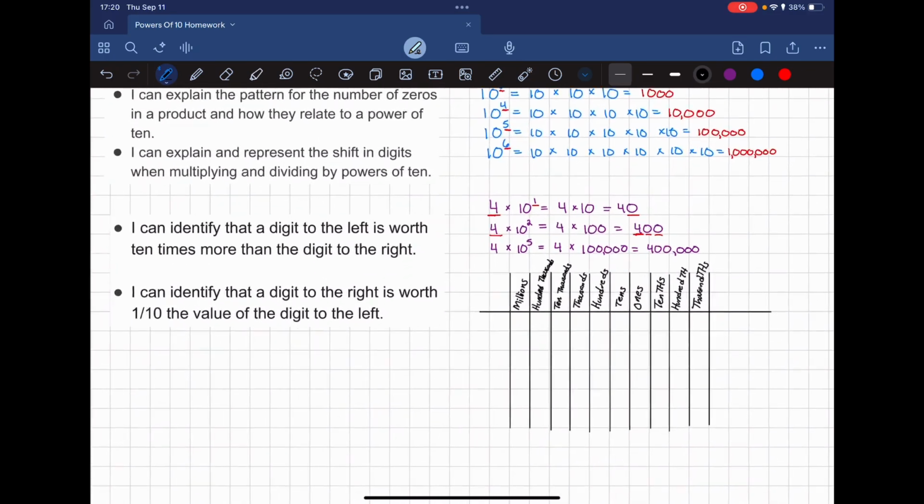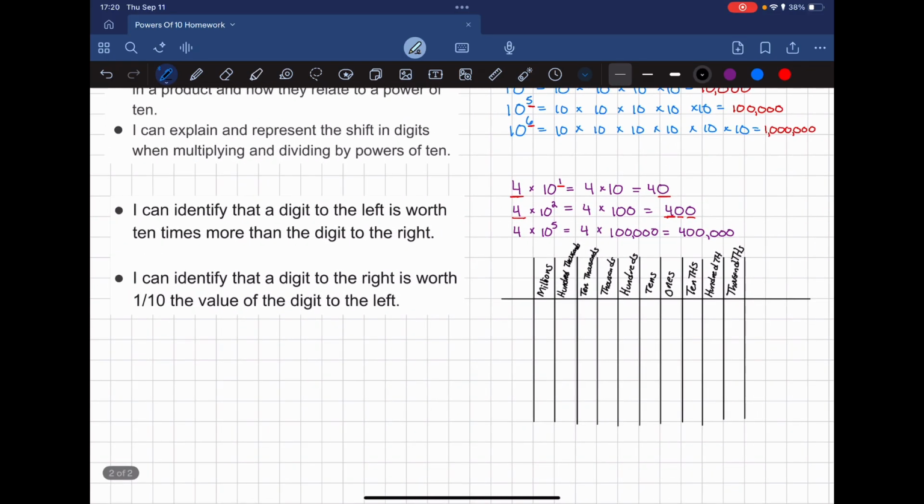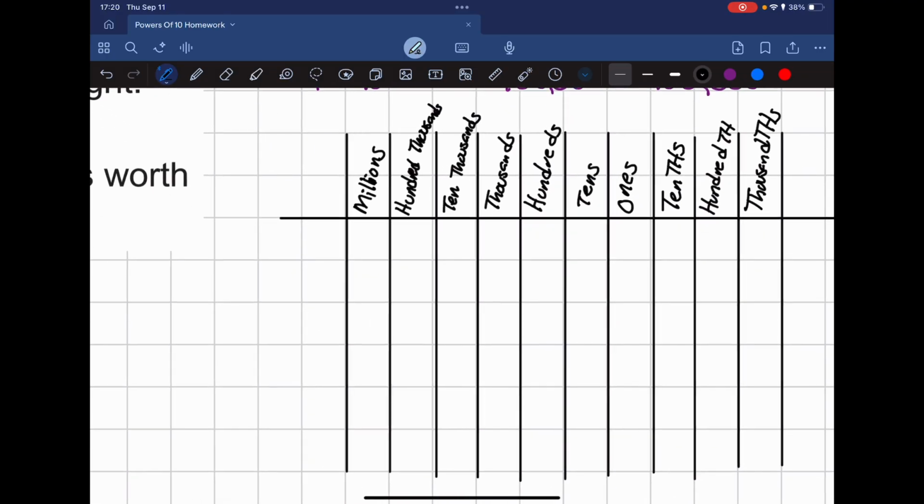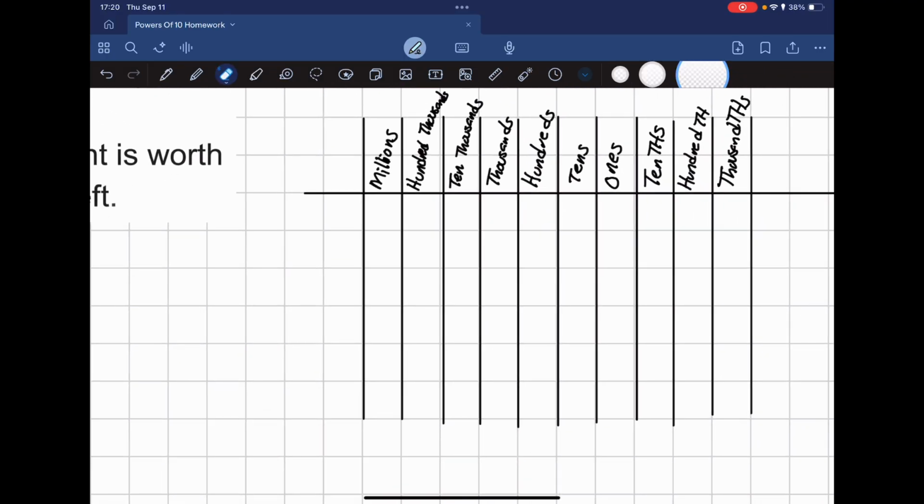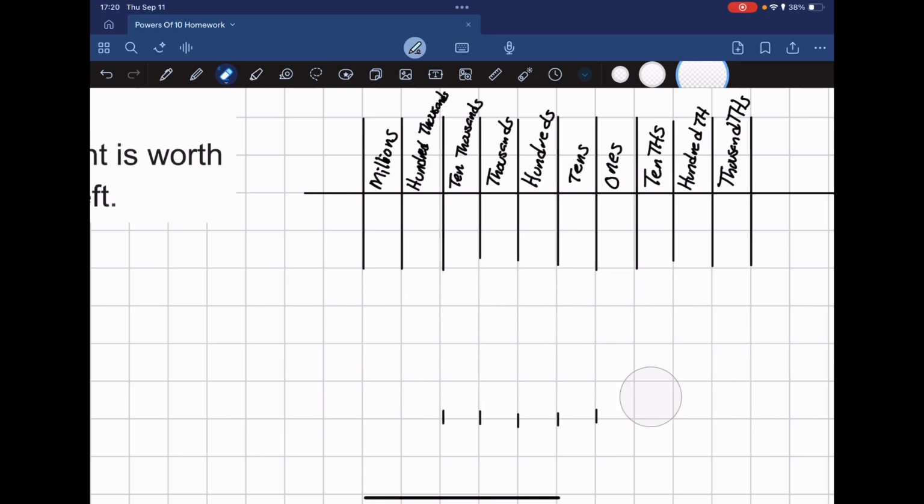But keep in mind, we are explaining and representing the shift in digits when multiplying and dividing by powers of 10, okay? So the goal here is to understand that when you are multiplying and dividing by powers of 10, okay? When I multiply a place value by a power of 10, that digit will shift, okay?